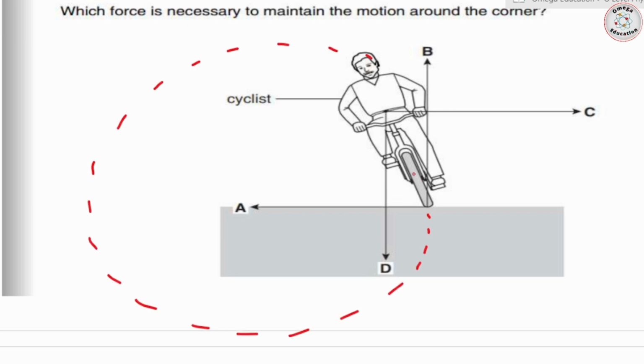He's going to move in this path. We can notice it from the way he is leaning over the path. So for this one, A would be the right answer, because A would then be towards the center of this circular path.